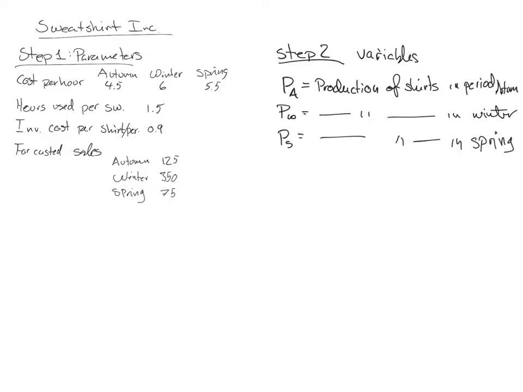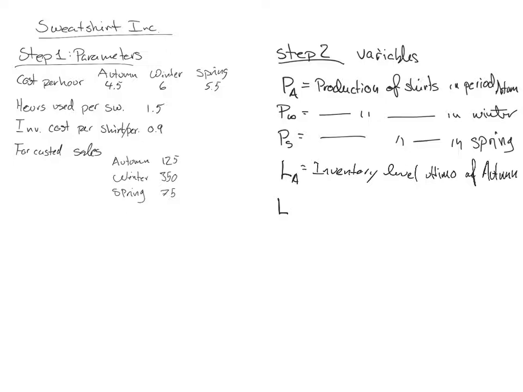But then in addition to that, we'll also have a variable LA, which is the inventory level ultimo, that is in the end, of autumn.